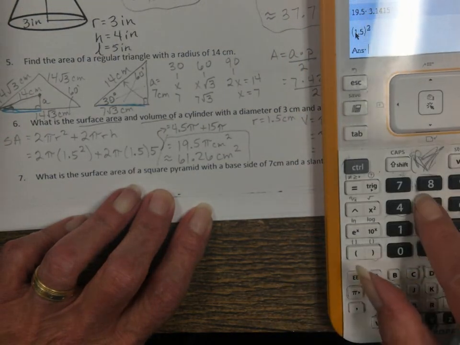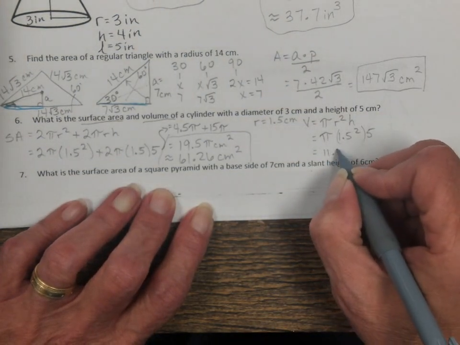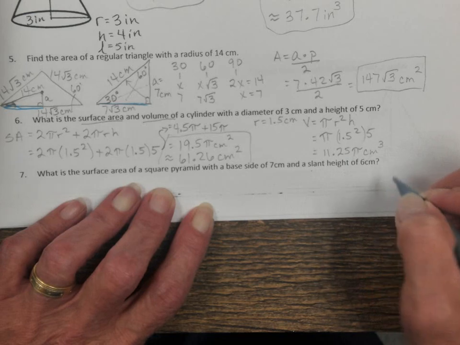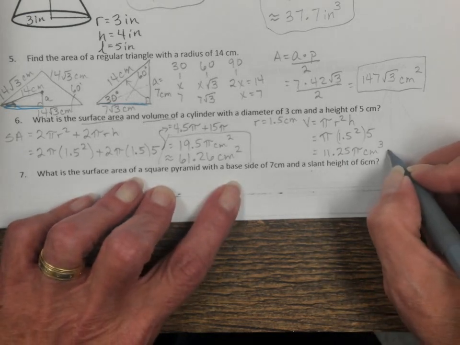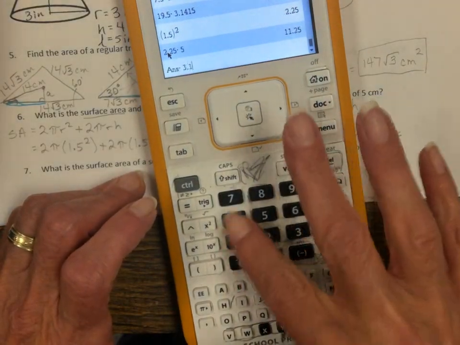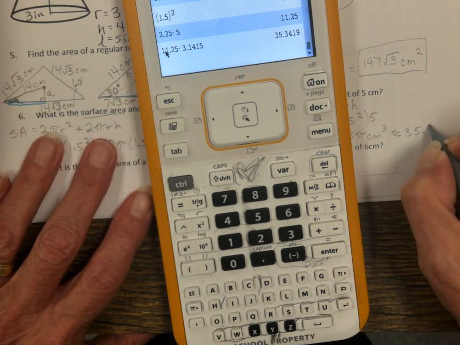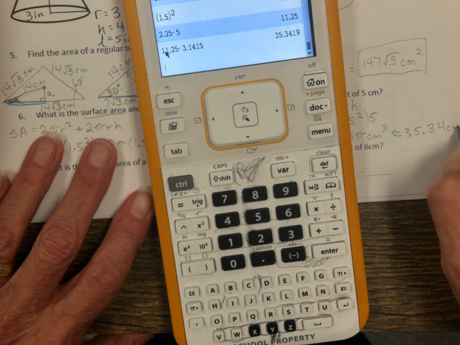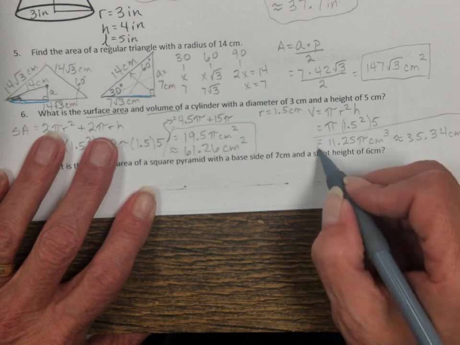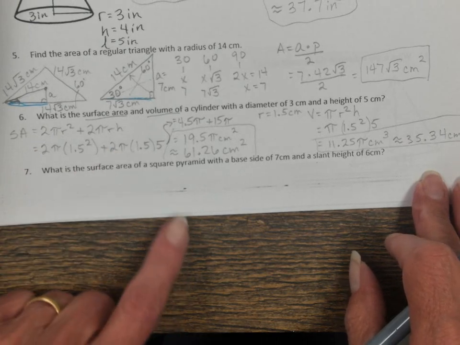Now I'm going to multiply that by 5 and get 11.25 pi centimeters cubed, because it's volume. And I'm going to go ahead and multiply out pi and get approximately 35.34 centimeters cubed. Okay, so those are my volume, exact and approximate, for this cylinder.